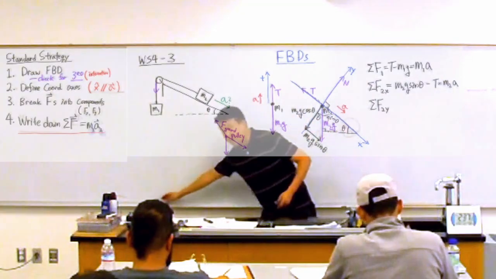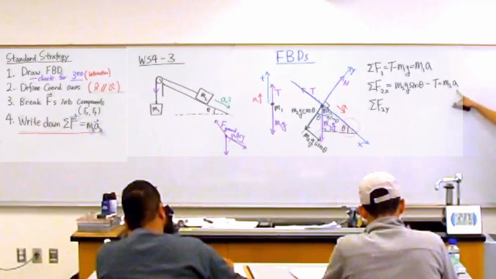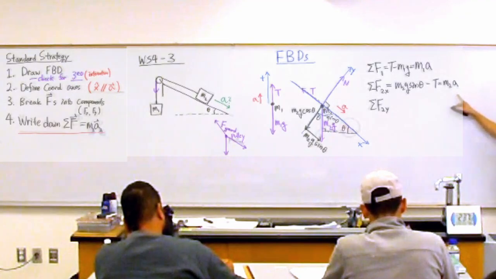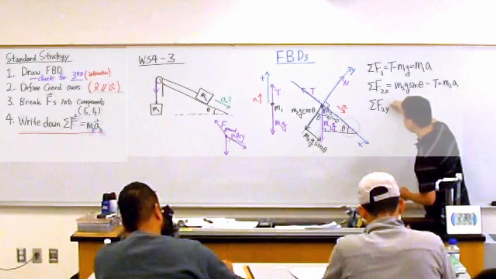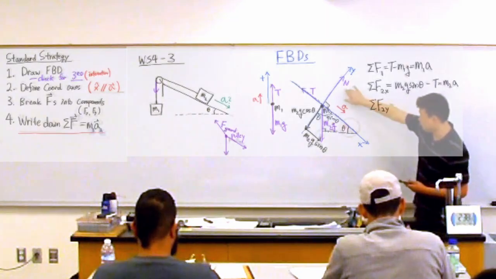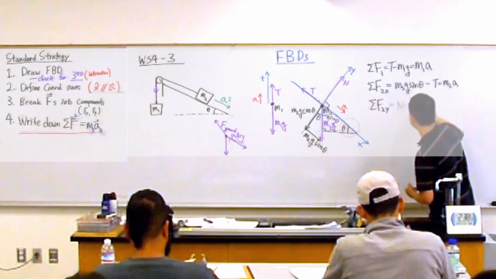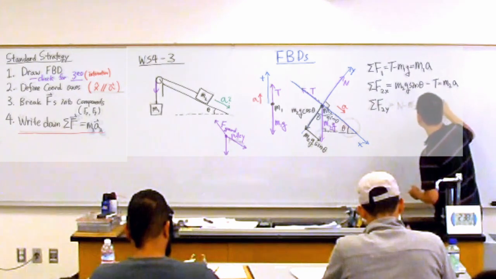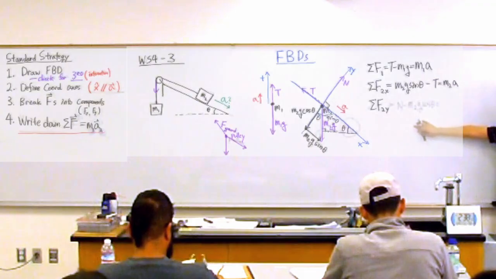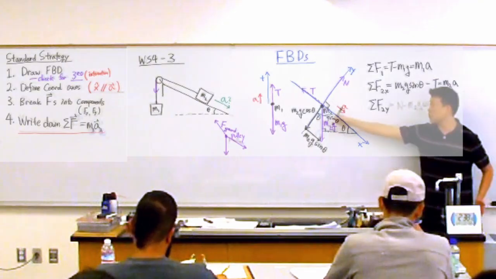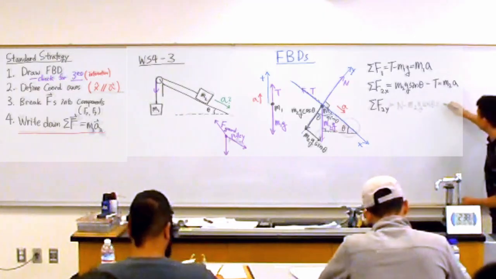And this is by design. We chose our coordinate axis so that this acceleration, instead of being just the x component, it's the whole thing. The y component, I have normal force and gravity. So N minus m2g cosine theta. Now this is equal to 0, and by design. We chose our coordinate axis so that there is no component of acceleration along y. We chose it that way. So this is 0.